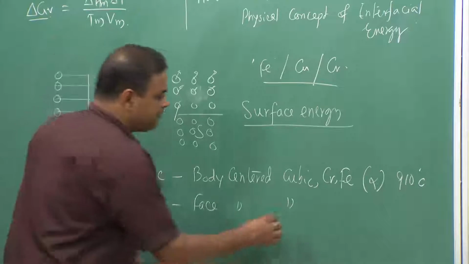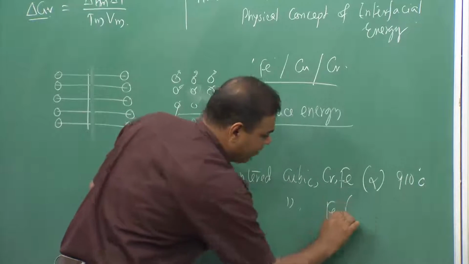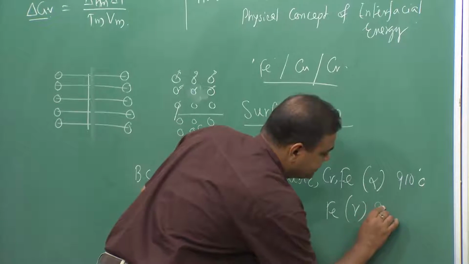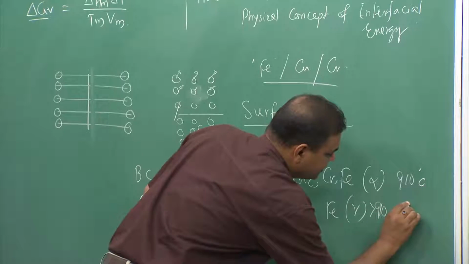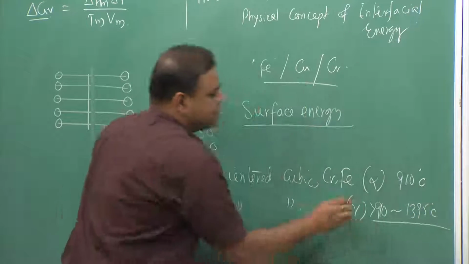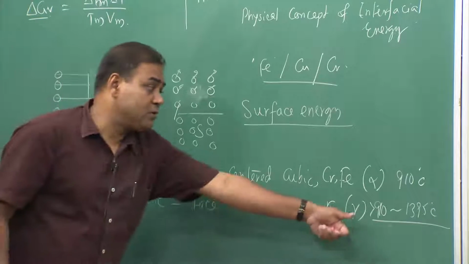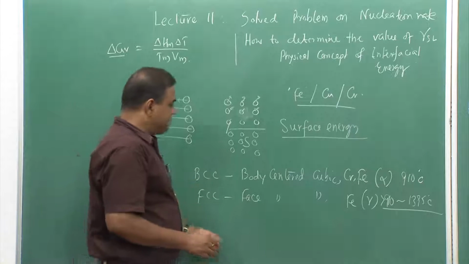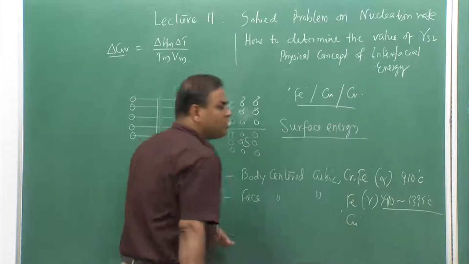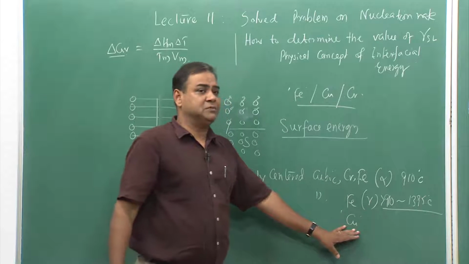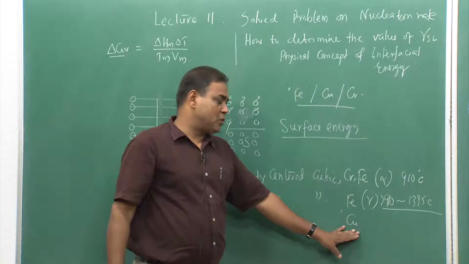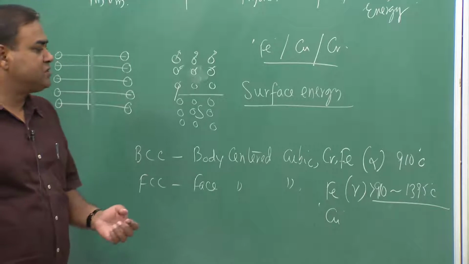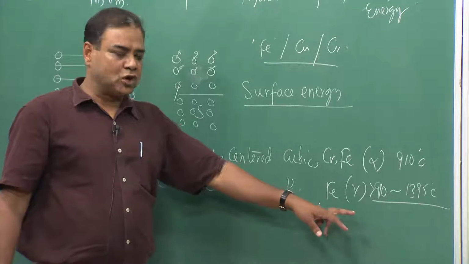Then for an FCC metal example, again I can give the example of iron, where at that time it will be gamma, and in case of pure metal, it stays from 910 degrees Celsius to 1395 degrees Celsius. So, if it is a pure metal, we will come to that, how these numbers come. Now, one more FCC metal example is copper. We will solve some problems using the data of copper, how to determine surface energy of copper from the bond energy data, and later on some problems will be there for you to solve on iron.